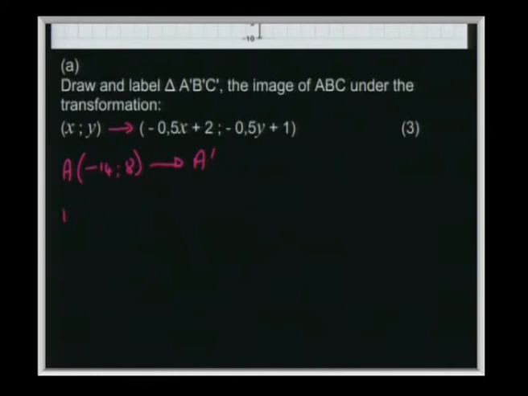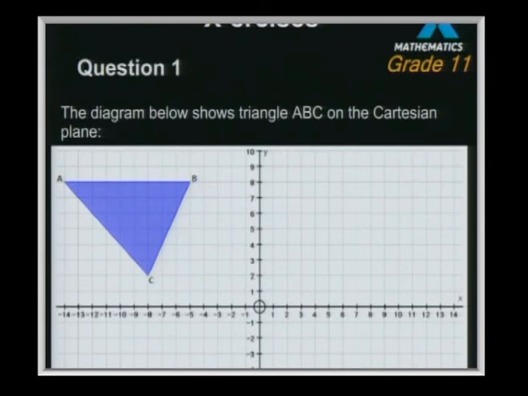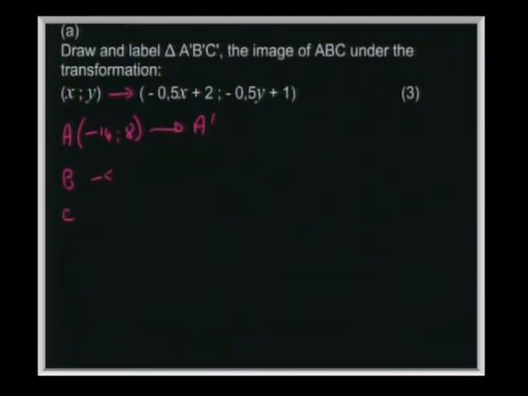Let's get B and then C. Back to our diagram. B is -5, 8. And that will transform to B'. Now, something you've probably picked up on is that the y values of A and B are the same.